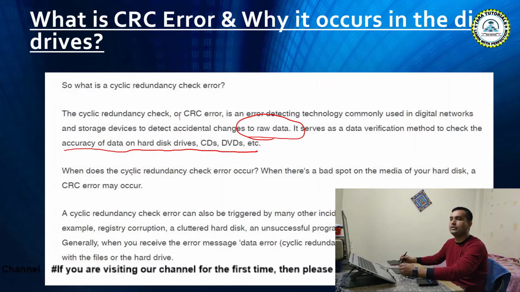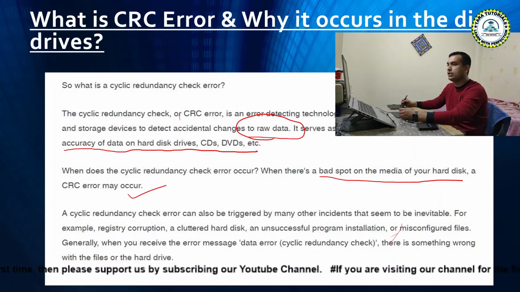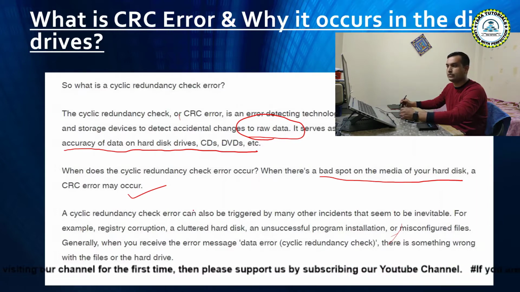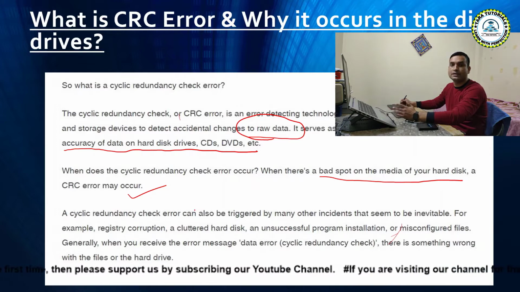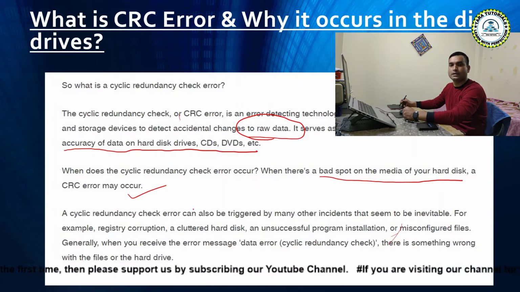Now the next question is, when does the CRC check error occur? When there is a bad spot on the media of the hard disk, the CRC error may occur. Now, what are the factors which trigger CRC error in the disk drive? Some of the factors are really inevitable. You can't control them. But some of the things you should manage to avoid this kind of error in the disk drive.